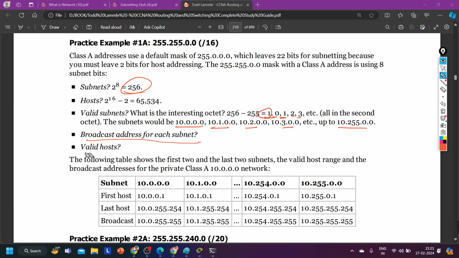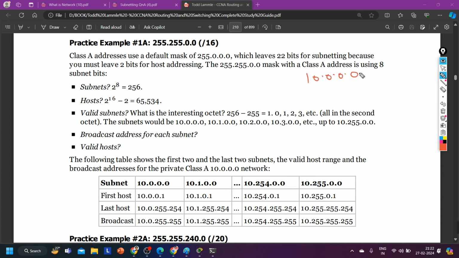Broadcast address for each subnet and valid IP addresses: first network, second last network, and last network. Right? So, sir, suppose we are asking about 10.0.0.0 in this situation.